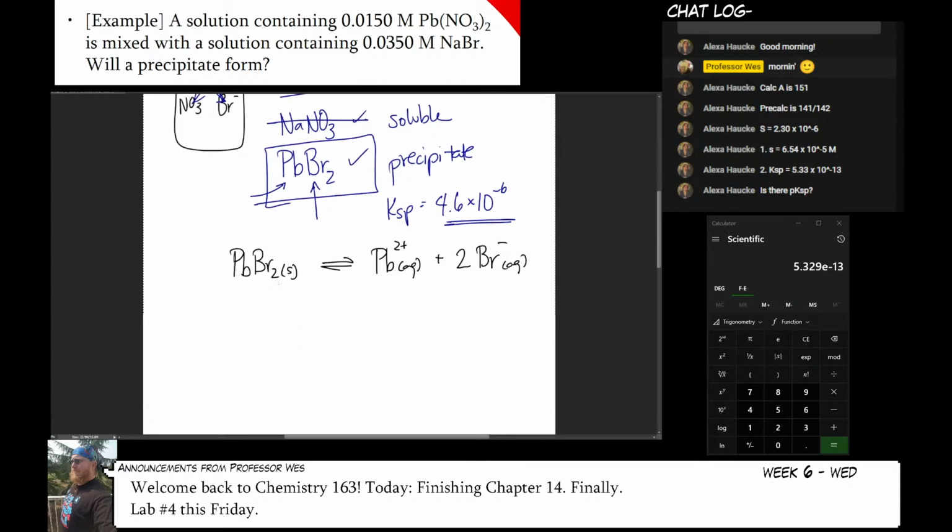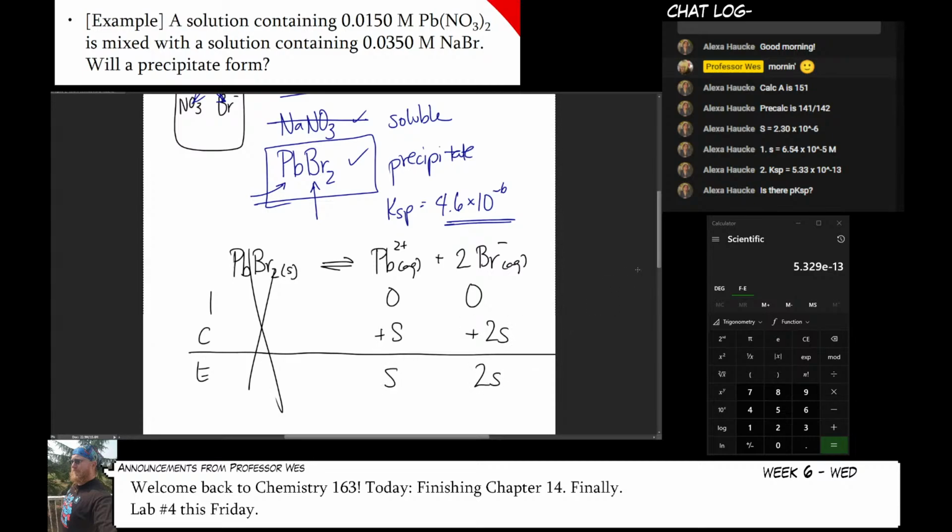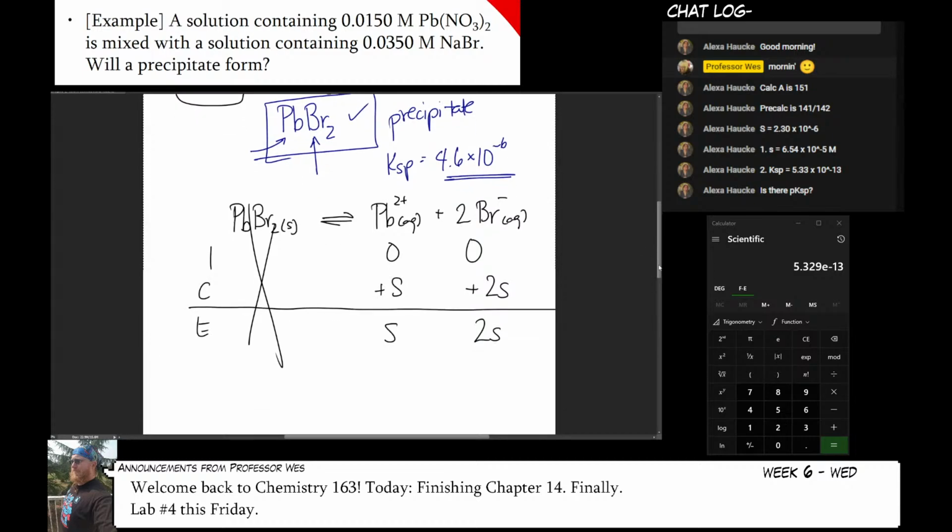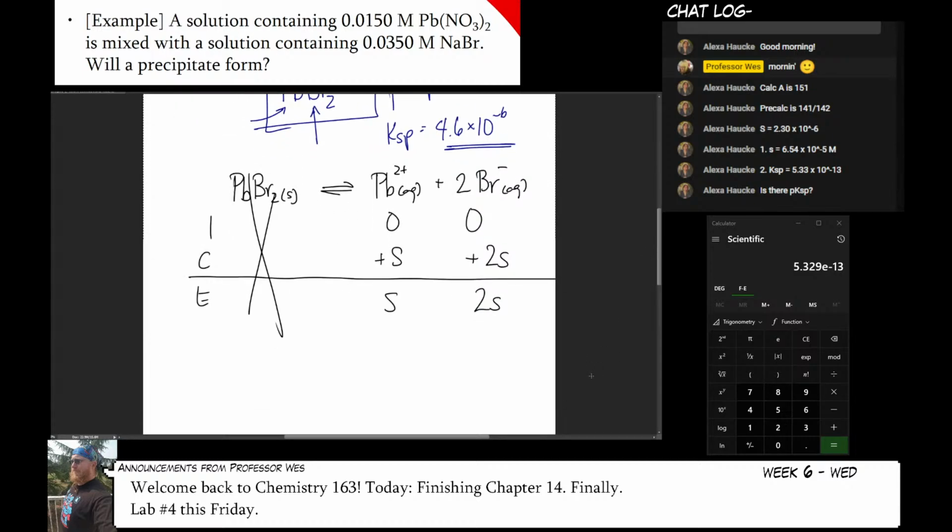And then we would say, okay, we'll make our ice table. And we would say KSP would equal whatever S is times whatever 2S is squared.